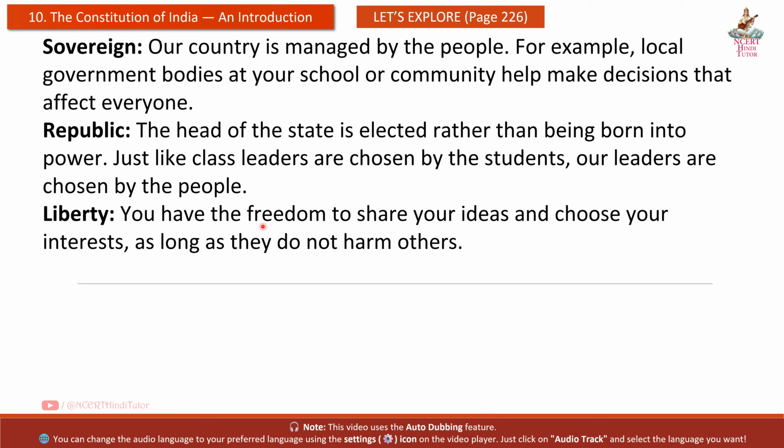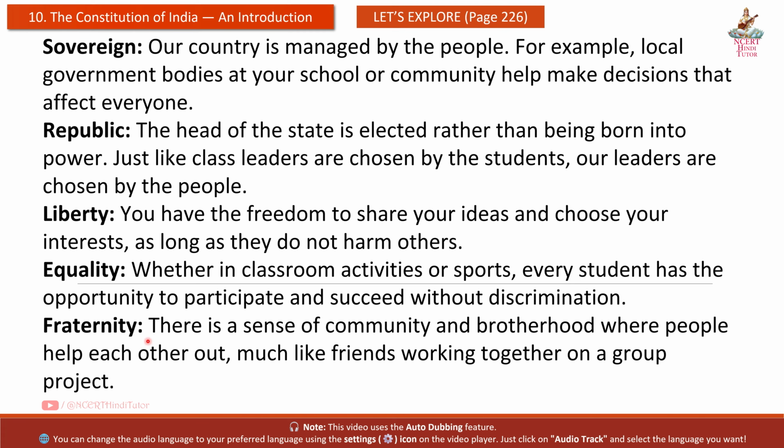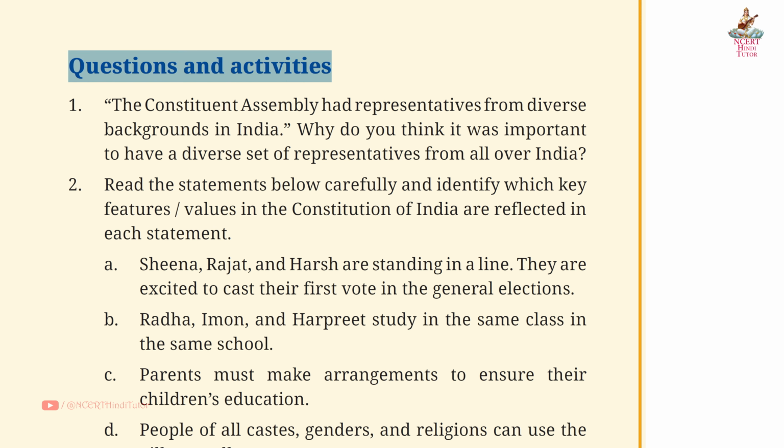Liberty: you have the freedom to share your ideas and choose your interests as long as they do not harm others. Equality: whether in classroom activities or sports, every student has the opportunity to participate and succeed without discrimination. Fraternity: there is a sense of community and brotherhood where people help each other out, much like friends working together on a group project. Questions and activities.